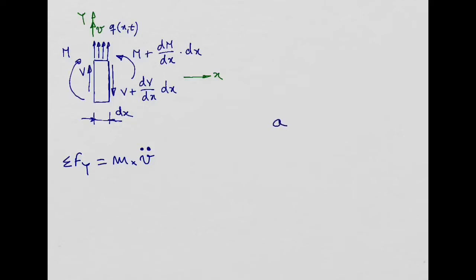The acceleration is going to be the second derivative of the deflection in order to time t, or in our scheme, I'm representing with double dot. So this is Newton's second law for the forces.